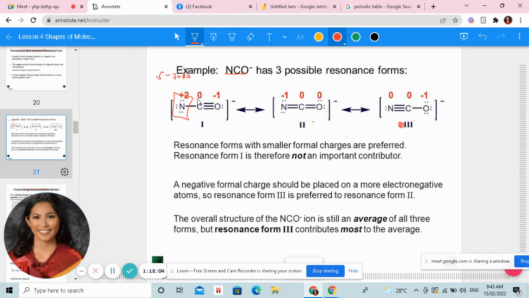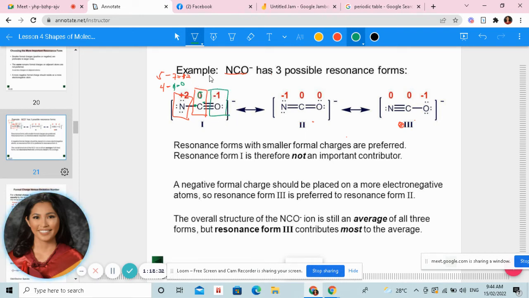What about the carbon here? What is the formal charge of carbon? Carbon has 4 valence electrons minus 1, 2, 3, 4 electrons. So that is equal to 0.